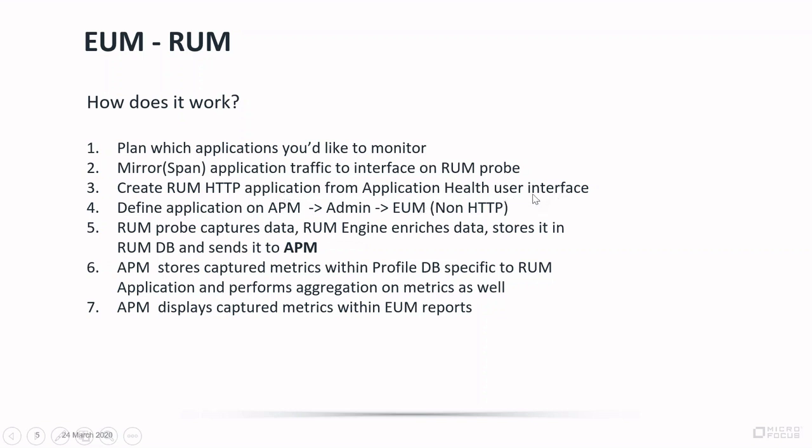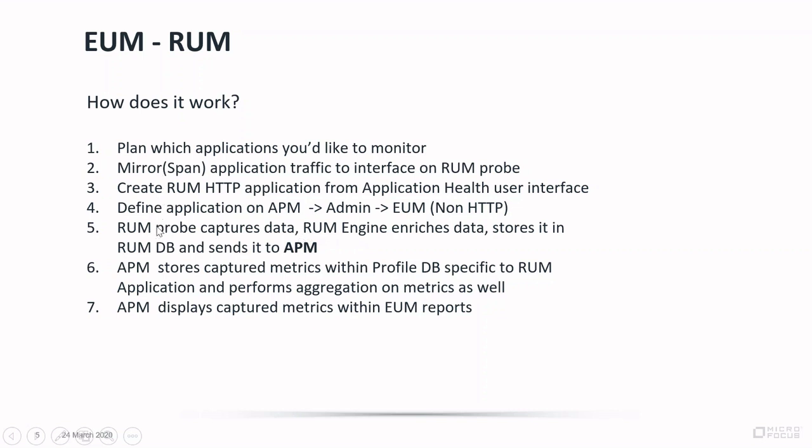It's an application we can create using the application health UI HTTP application. If you have a non-HTTP application, like a database or some other protocol, we'll go through it in the demo. You have to go through our traditional approach of APM admin and EUM, end user management. From there you can create it.